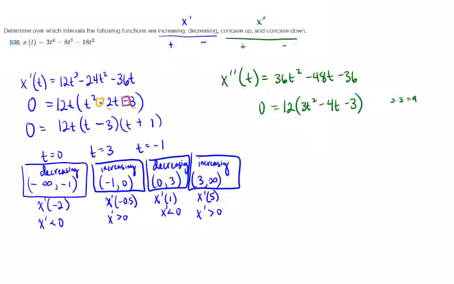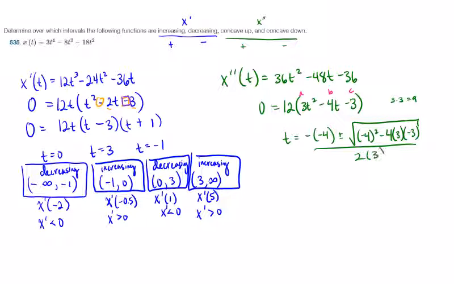So I think the quadratic formula is a good way to go when you have a complex quadratic that you're trying to solve. So t equals negative b, and b is negative 4 in this case. So here's a, b, and c, of course. So we have negative 4 plus or minus the square root of b squared, negative 4 squared, minus 4 times a times c, and then 2 times a on the bottom. Now negative negative turns into a positive, so I'll get positive 4 plus or minus.